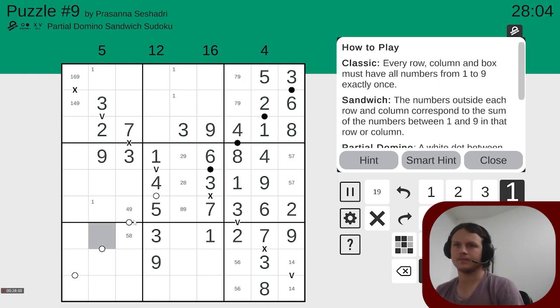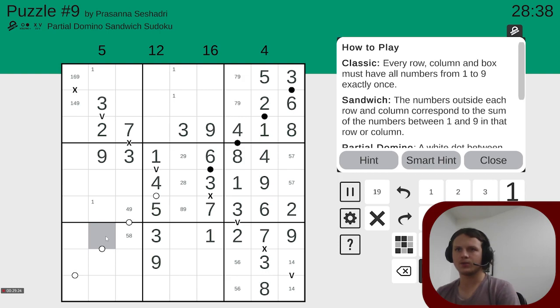Let's do the same again here. This can't be a 1, a 2, a 3. Oh, this can be so much more. I don't know if that's even worth it. That's the minimum. Okay, let's do it anyway.